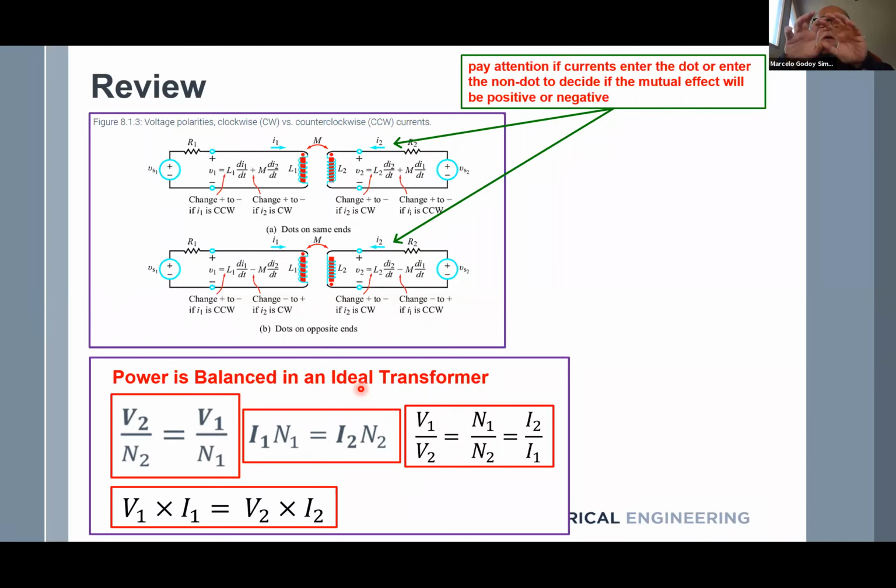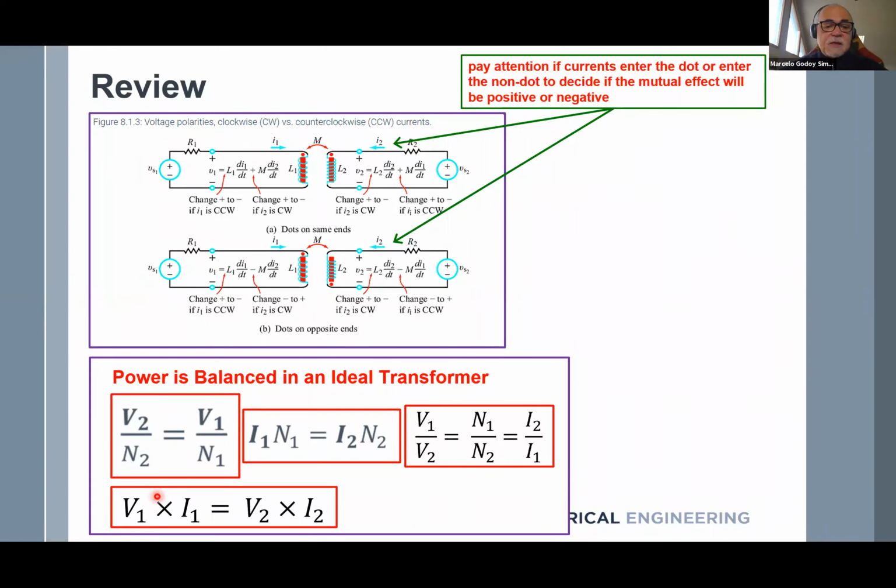And also because you have a core, that core has properties that will define if you have losses, okay? Then we have to discuss this with magnetic circuits. So we are assuming that there are no losses on the magnetic core, no losses on the copper windings, and there is no leakage. You know, all the flux in one winding is captured by the other one. So this is an ideal transformer.